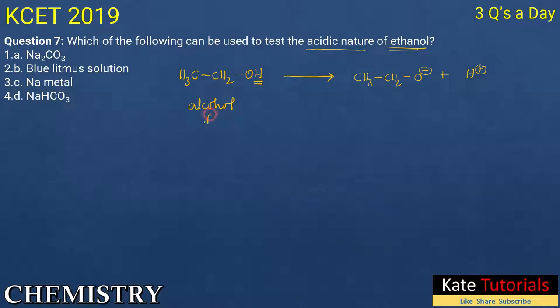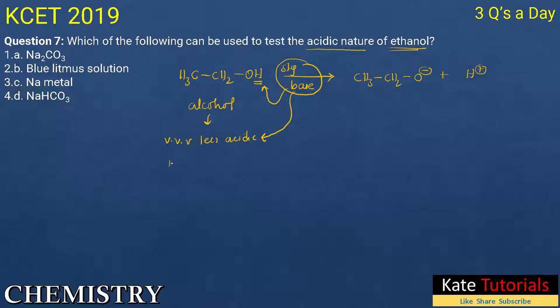But we know that this alcohol is very less acidic, means it doesn't give H plus easily. So to remove this H plus we should add a strong base, because a strong base can only take H plus from this weak acid.